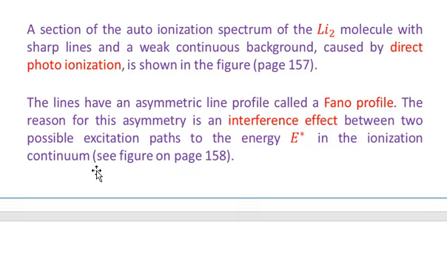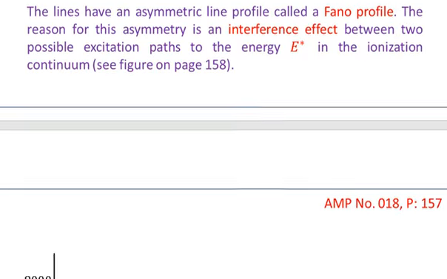So you see that this is due to two processes that we are carrying out. One is the excitation of the molecule to the state E star, whereas the other is the direct excitation of the ionization states of the molecule. So due to these two processes, there could be an interference effect, and due to that interference effect, an asymmetry can be observed in the Fano profiles of these curves.